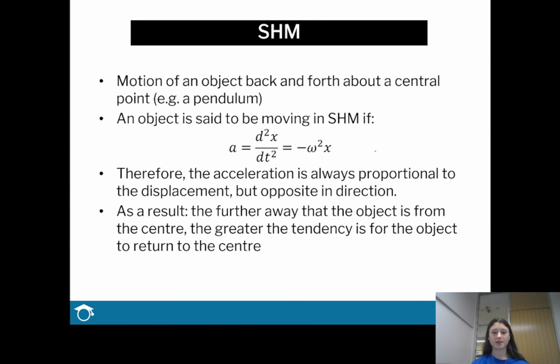Maybe instead of an object being just thrown upwards, it is a pendulum or a spring moving back and forth, or something like that. And the reason for that is obviously because simple harmonic motion is modeled using sine and cos functions, so it has that wave-like nature.